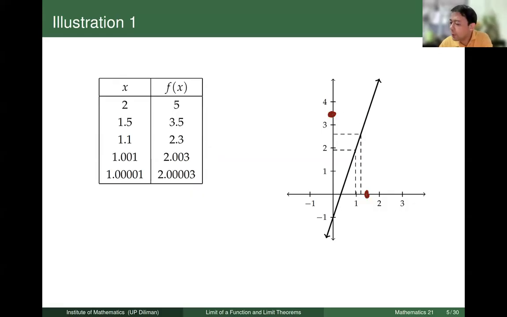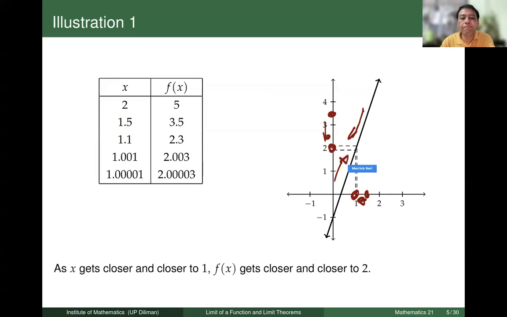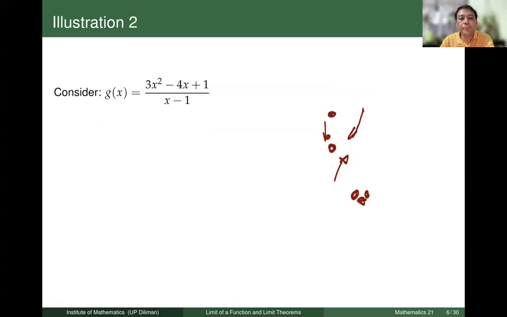And when x is approaching 1 in this direction, your y is going in this direction. Okay? So eventually, when x is at 1, we can say that your function value is approaching 2 along this line. So f of x gets closer and closer to 2.